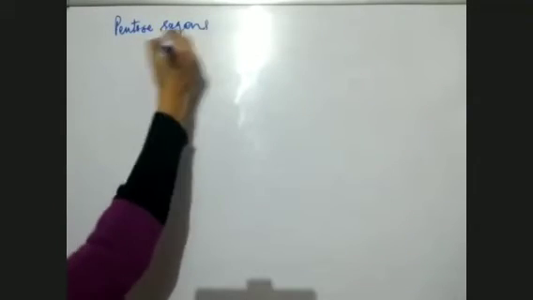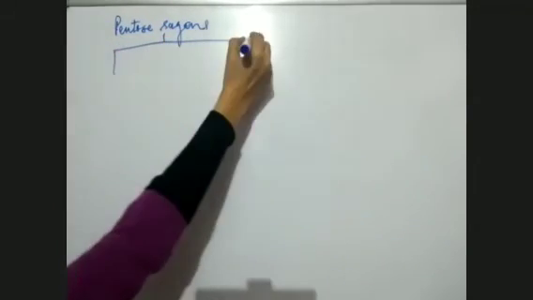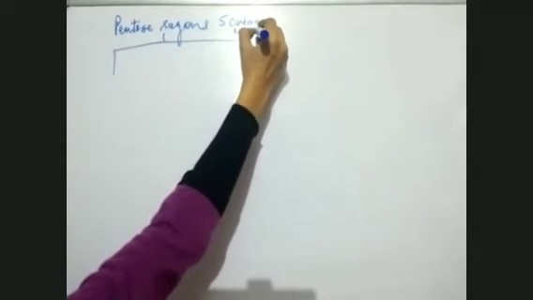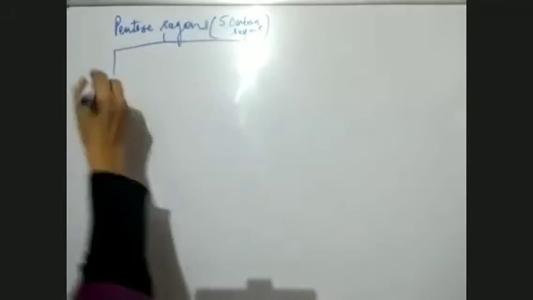See, pentose sugars are of two types. Pentose sugars means 5-carbon sugars, in which 5 carbons are present. We call it pentose sugar.